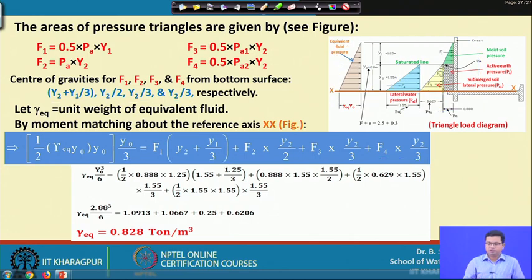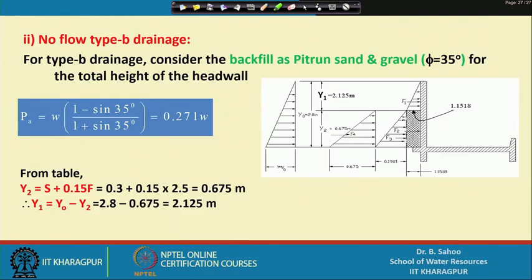So, once this is solved, now I will go a little speedily for other conditions. So, once this is understood, the same procedure must be followed for solving the next bit of the problem. For no flow type B drainage, so let us assume that the backfill is bitumen, sand and gravel for this phi equal 35 degree, and this is filled up to the height of the head wall.